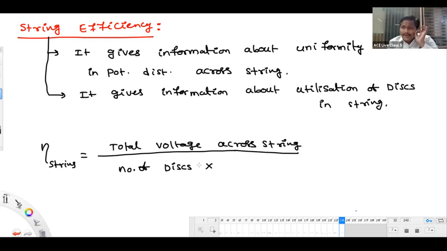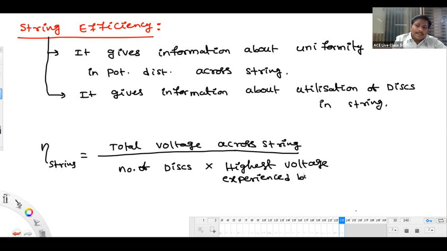It need not be the bottom disk all the time. So highest voltage experienced by any disk in the string. Okay.